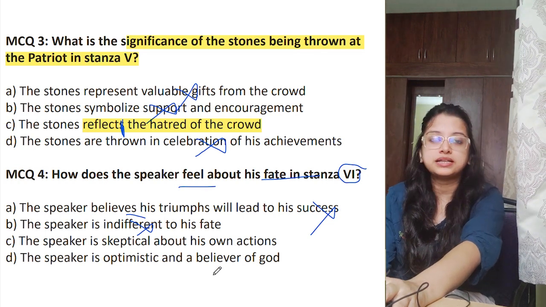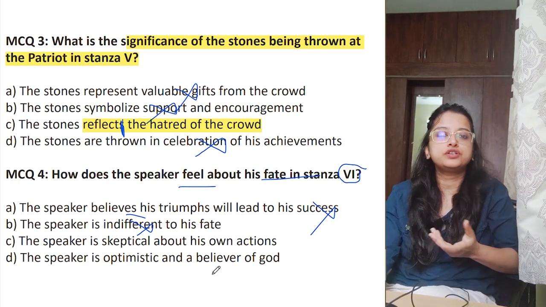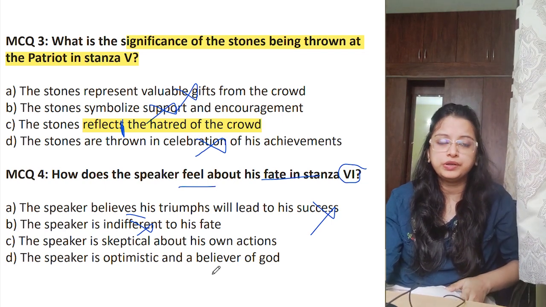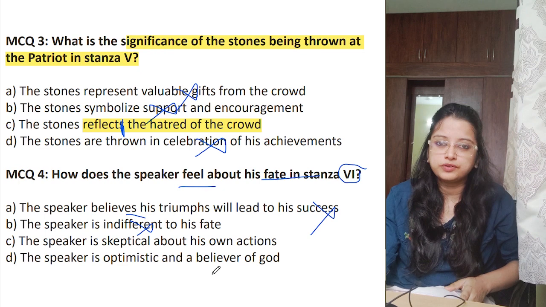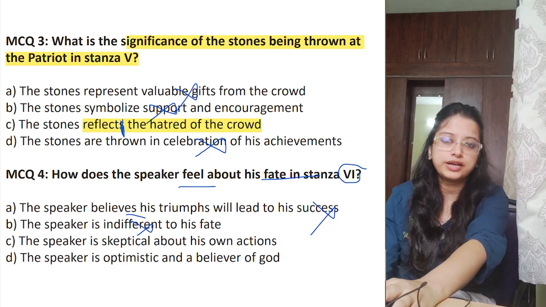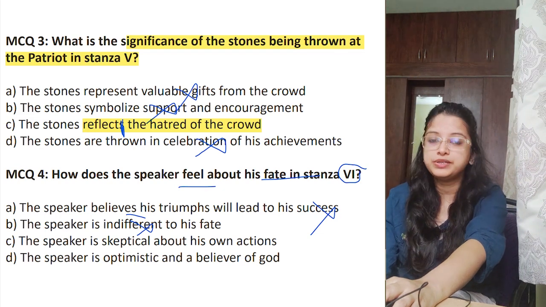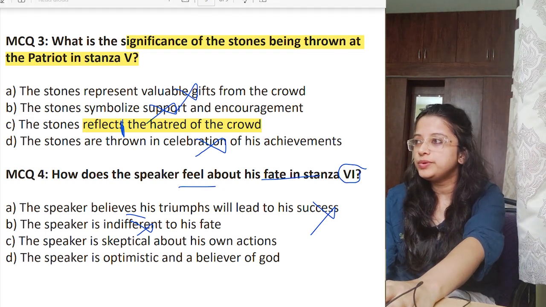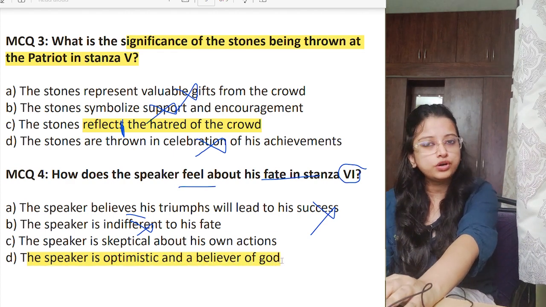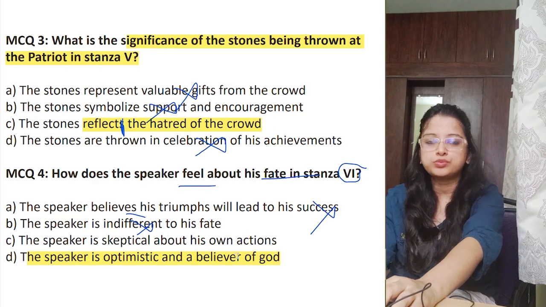No, because in stanza 6, what does he say? I am safer so. That means I know that I have done good, I have tried to do good to my people, but that has not served my purpose well, and that is why I am being punished. That means he believes that he has tried to do good for his people. He hasn't been very selfish. So it is going to be the last option. The speaker is optimistic. That means he believes in God and he believes that God will give him justice, right? So option number D.